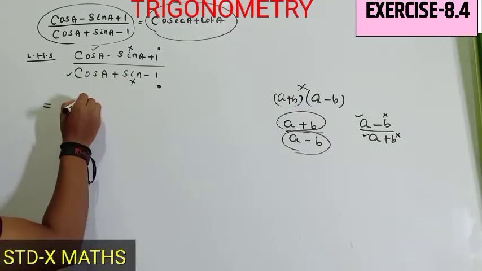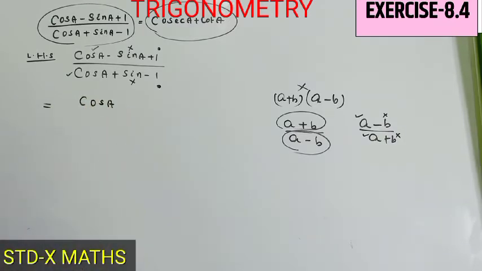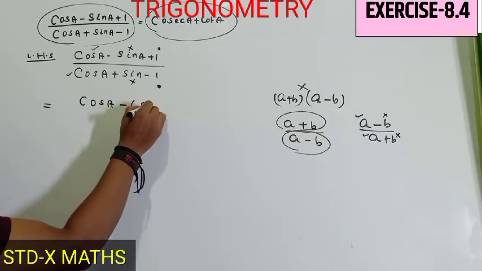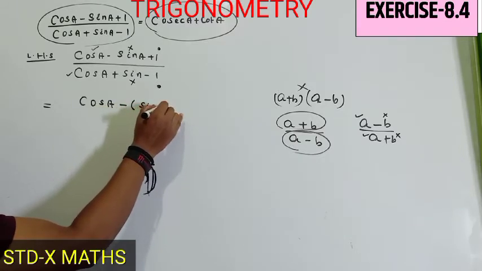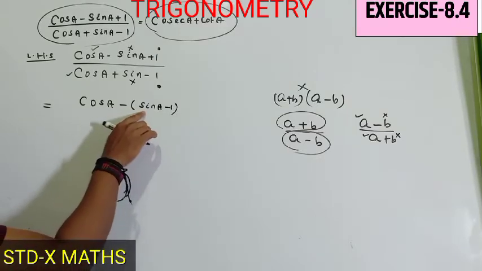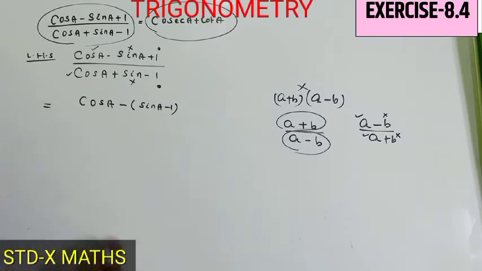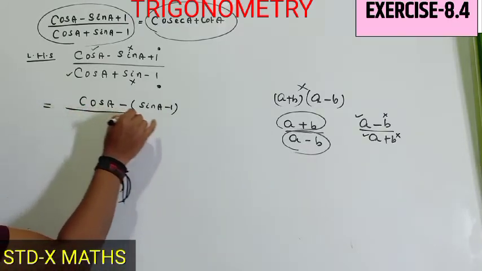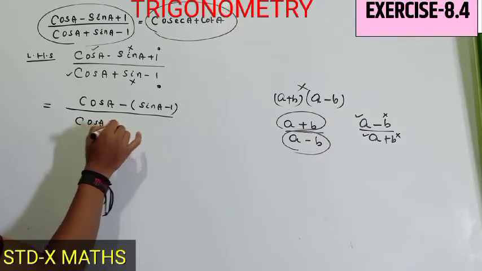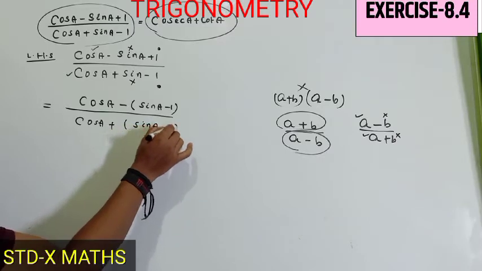See clearly, the upper one can be arranged just like this: cos A, and by taking minus as common, within the bracket one can keep sin A, here it is minus 1. It means whenever the bracket is opened, once again it will be minus sin A, and this one will be our plus 1. And below I am writing cos A plus, within the bracket, sin A minus 1.